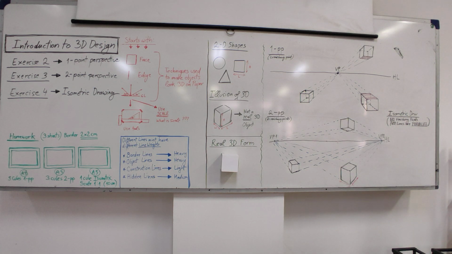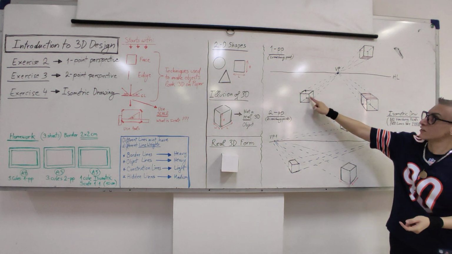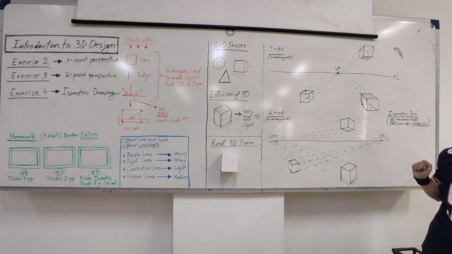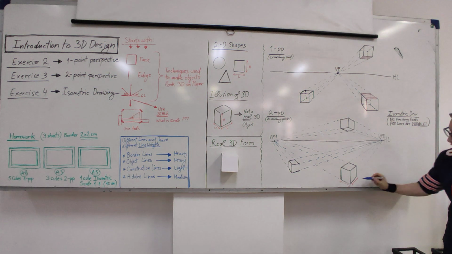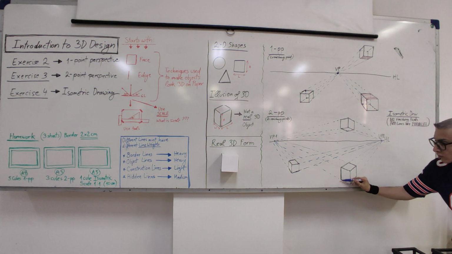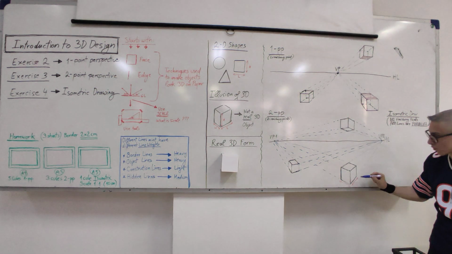Okay. Now let's do the hidden lines. These also have hidden lines. So what shall we do here? From each of these corners, this corner we connect here, this corner we connect to that vanishing point.